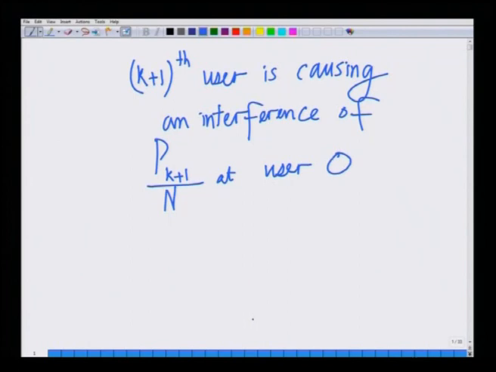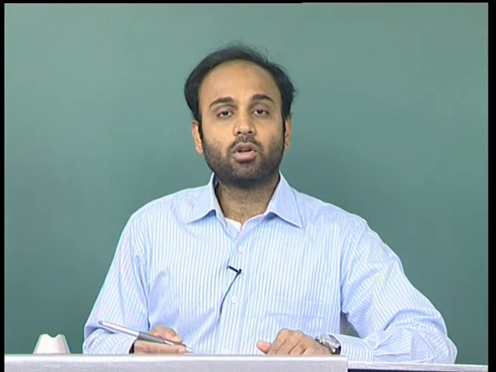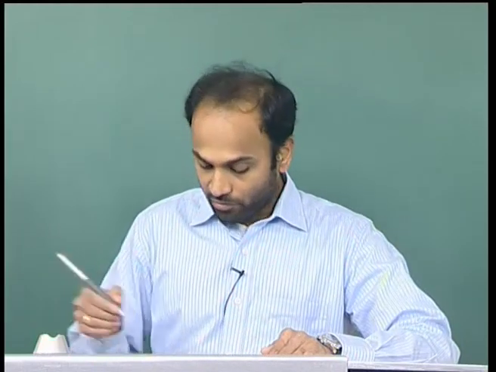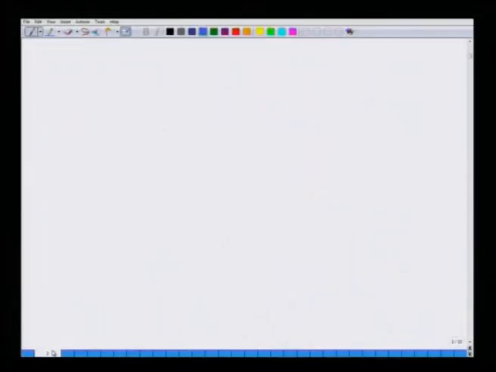Now, remember, user 0 is nothing special, because user 1 also sees the k plus 1th user as an interferer. So, user k plus 1 will cause an interference of P k plus 1 over n at user 1. Similarly, it will cause an interference of P k plus 1 over n at user 2, and so on and so forth.